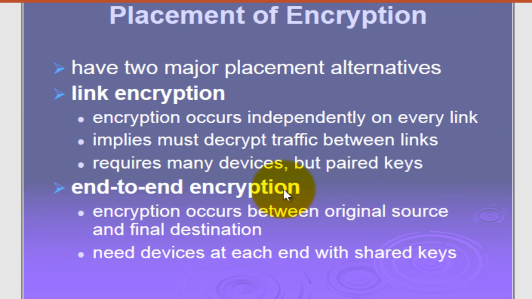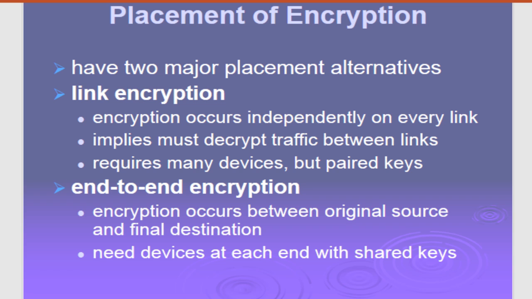You have to place this link encryption like a pair of keys. For each and every link, you need to use a pair of keys, which is shared by both the packet switching networks. In end-to-end encryption, you have to provide encryption at the source workstation and at the destination workstation.